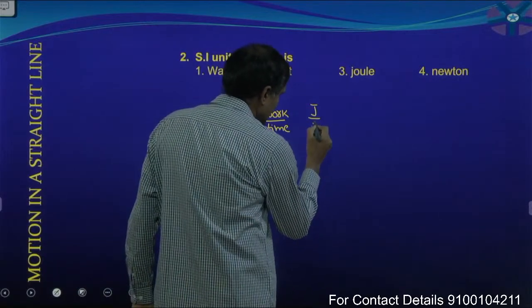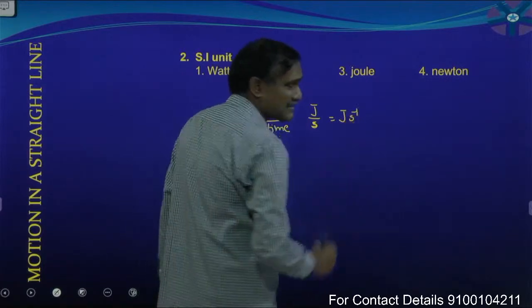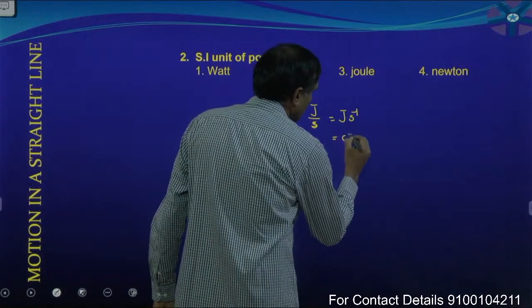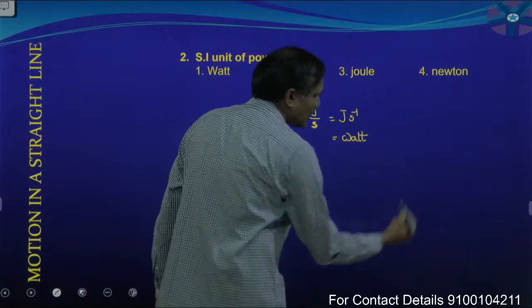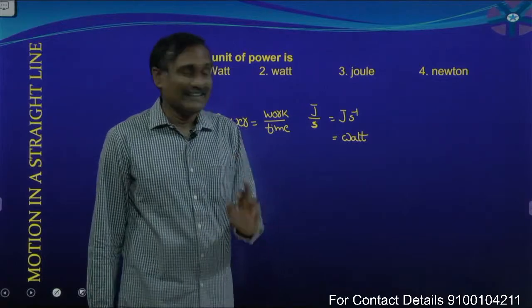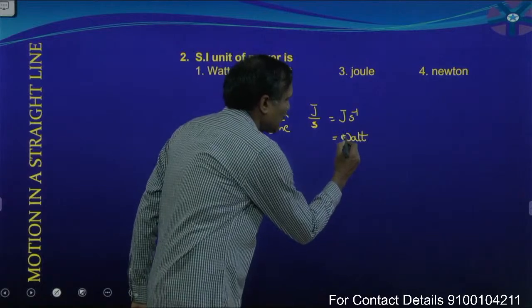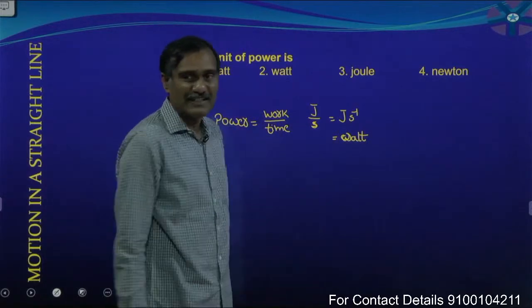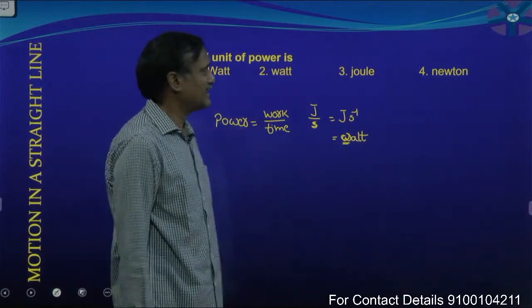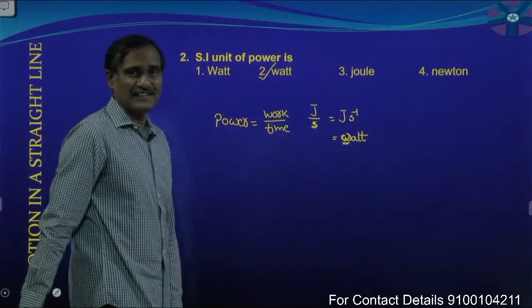Time is small s, so that is joule second inverse. We also call it watt. It is a scientist's name. In honor of Watt, we use the unit of power as watt, but here I want to represent it as a unit, therefore the first letter is a small letter. Remember that. So, which is the unit here? This one is the correct one.